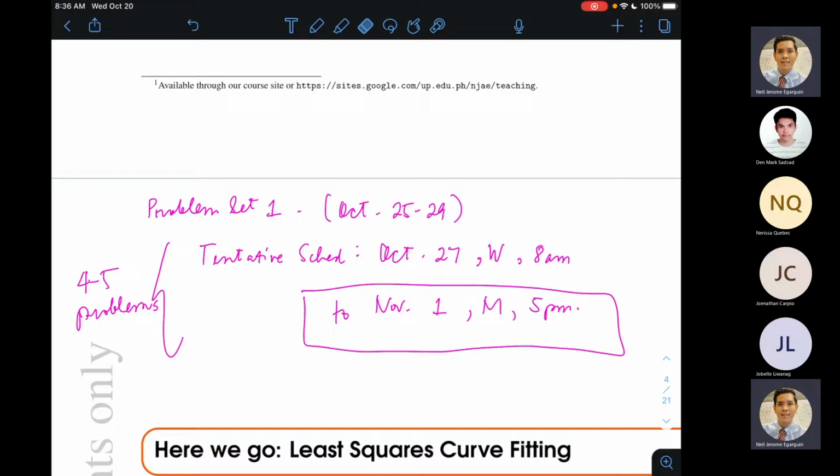Okay lang ba itong schedule na to, or do you want to do it after the reading break? Though na-set ko na to dun sa kabilang section, though, what do you think? Gusto niyo ba i-move na natin after the reading break or tuloy na natin para wala na kayong problema before the reading break?